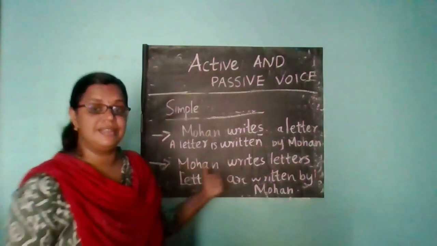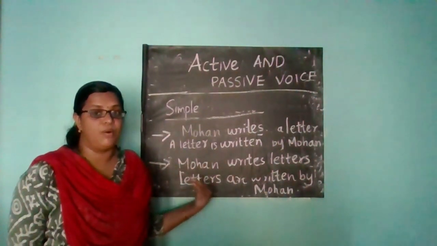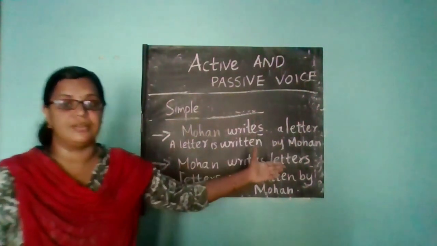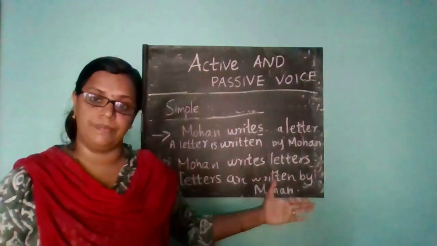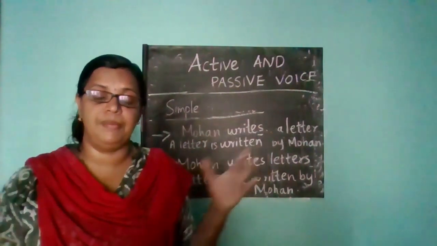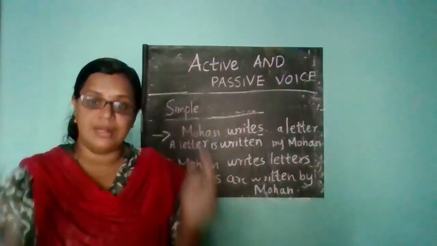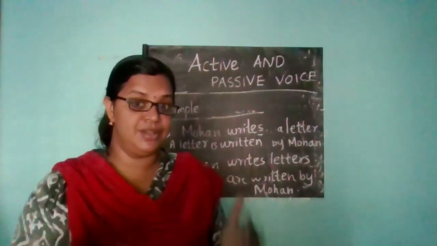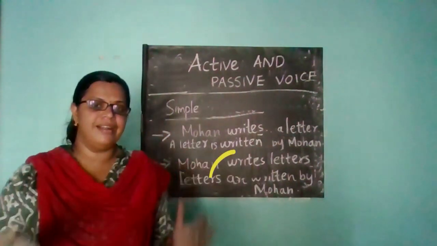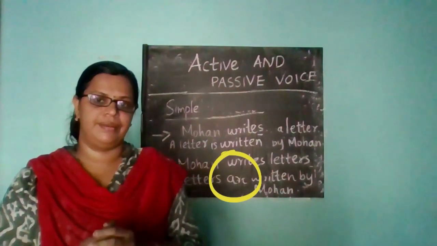Okay. Then see the second sentence. Mohan writes letters. Now, the object is in plural form. So that also you have to keep in mind. If it is a plural subject, you have to use plural verb. Letters are written by Mohan. Clear?